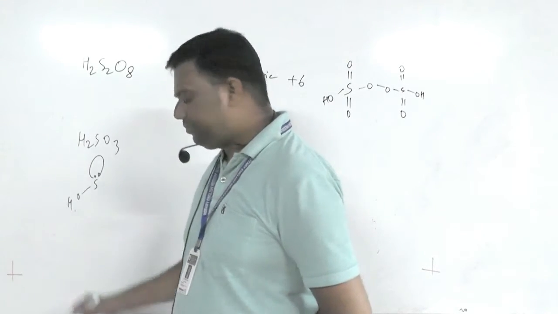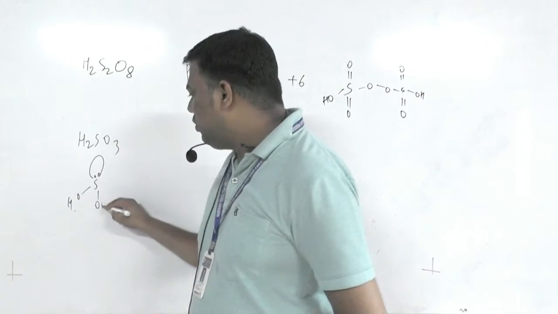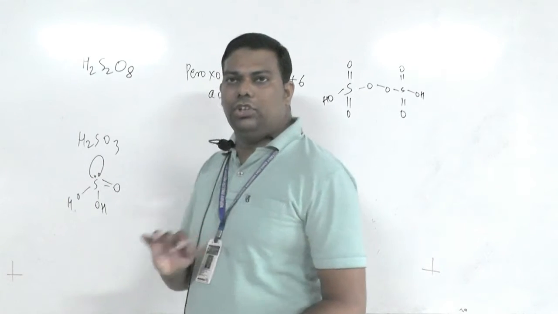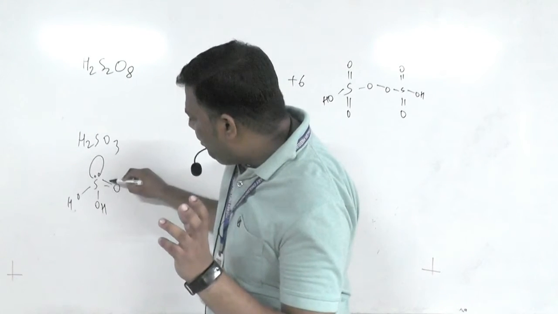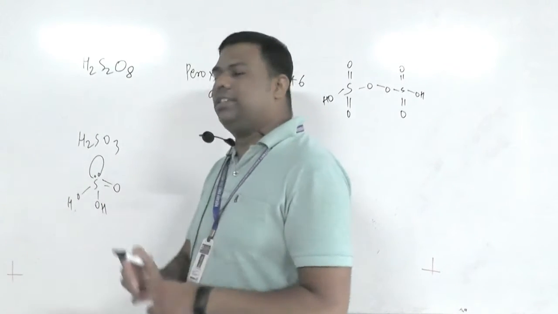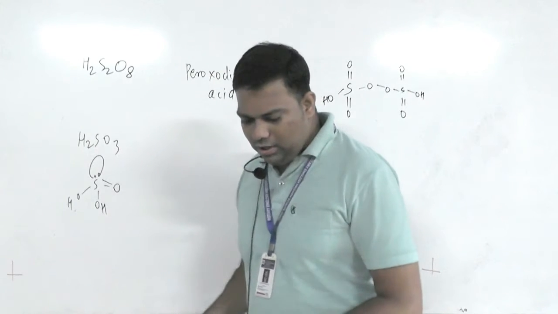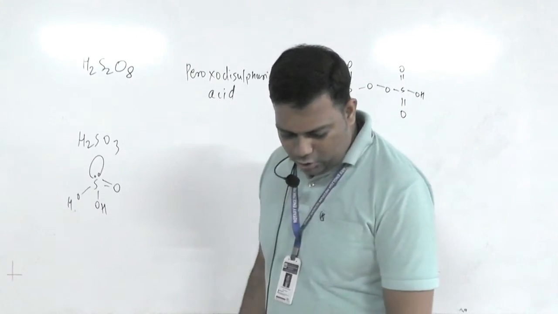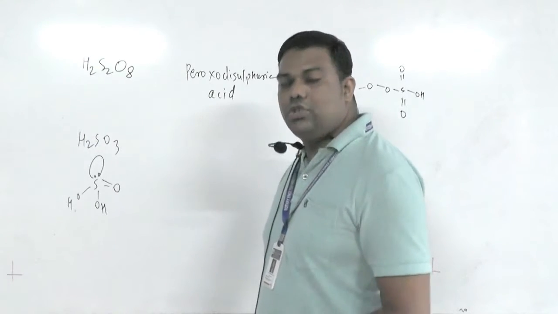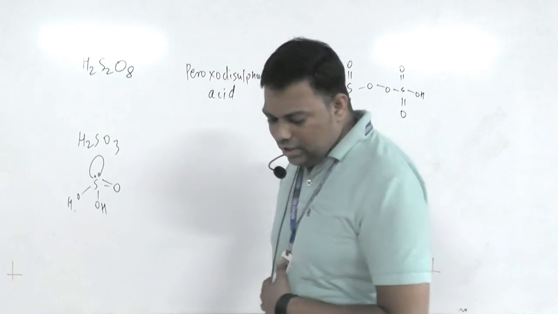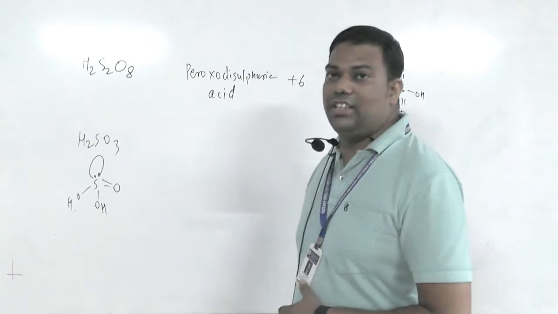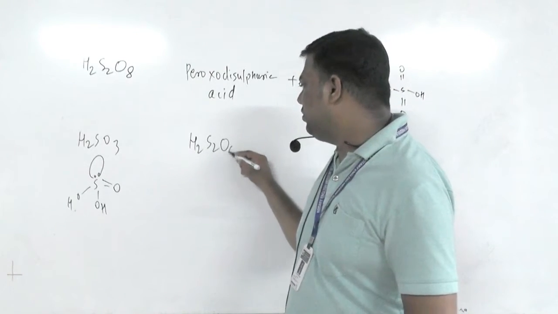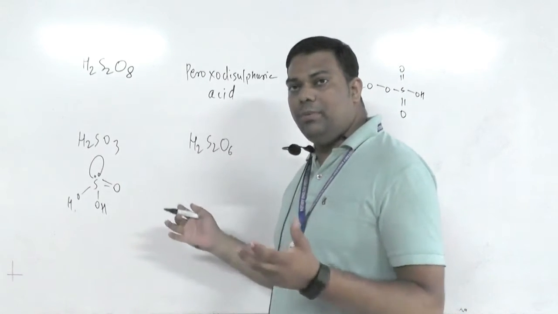OH, and double bond O. Whether sulfur is valence balanced or not, we have to cross check. 1, 2, 3, 4, 5, 6. H2SO3. H2S2O3 we already discussed. H2SO5 also we discussed. H2S2O6 we will see. What will be the structure of this?